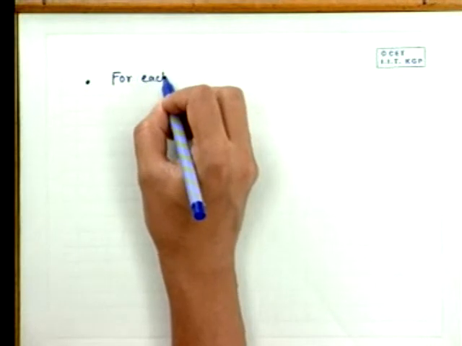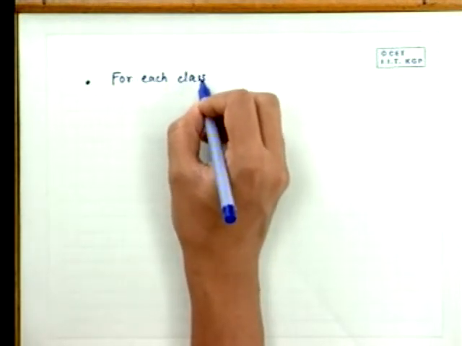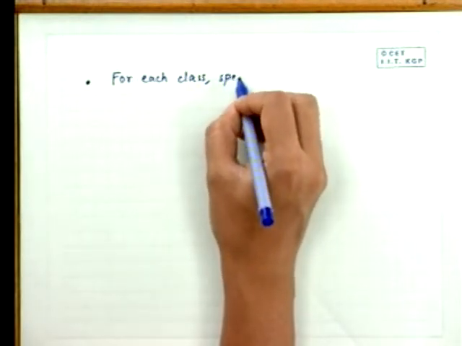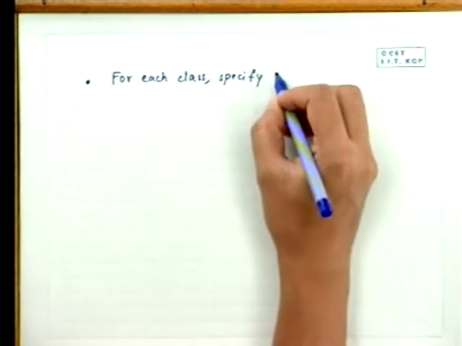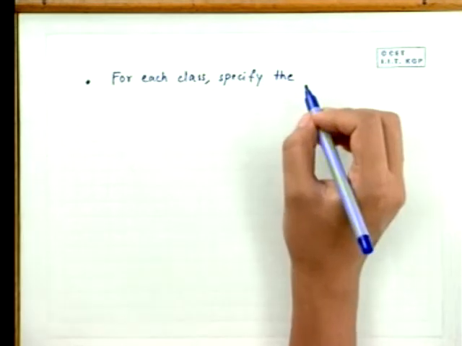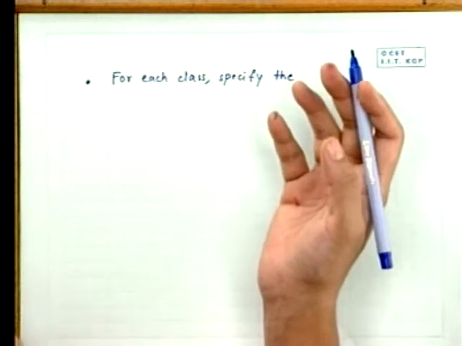Thirdly, for each association, you specify the multiplicity as well as the role names.